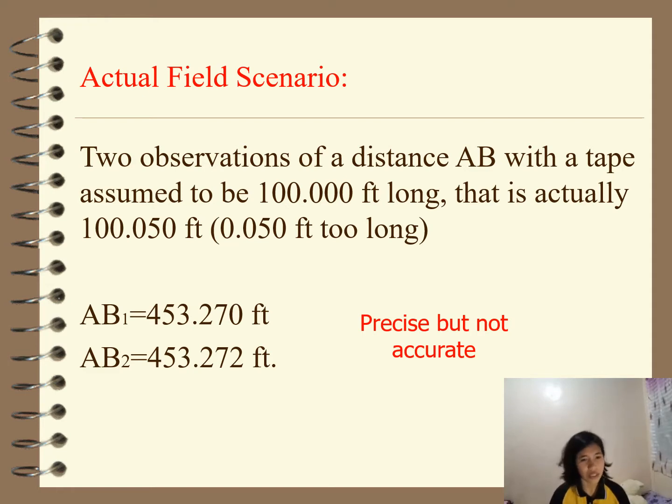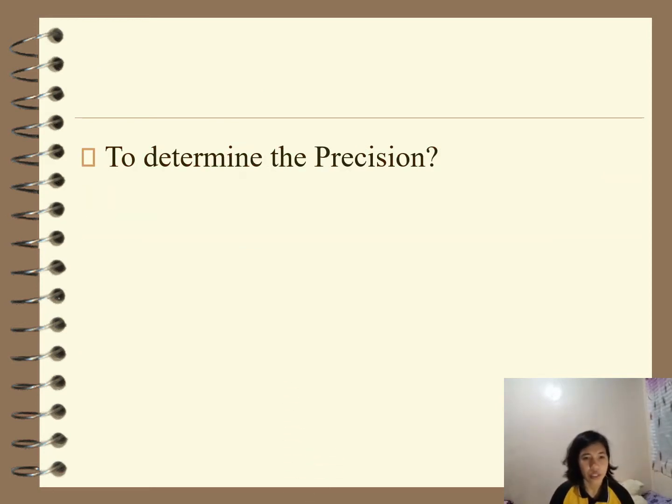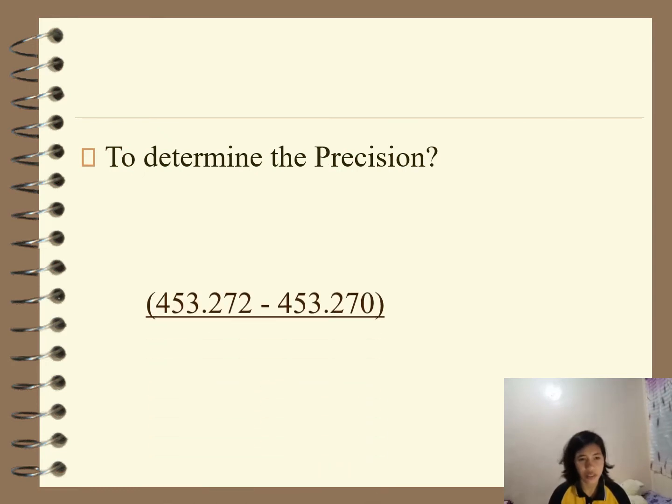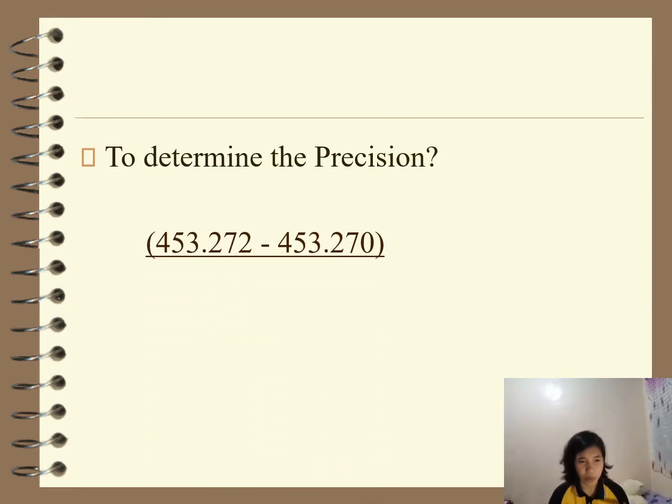So, how can we prove that our measurement is precise? You have here the formula in computing the precision of our survey. To determine the precision, this is just the difference between the observed values, kung dalawang observation, divided by the most probable value.